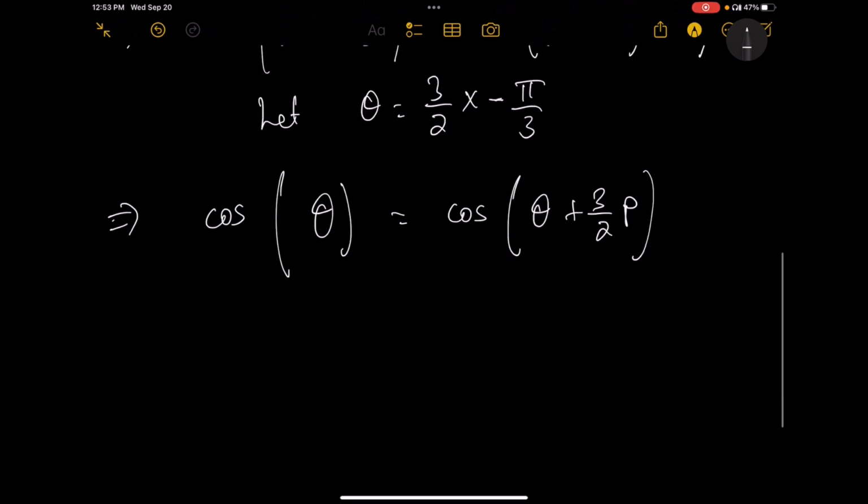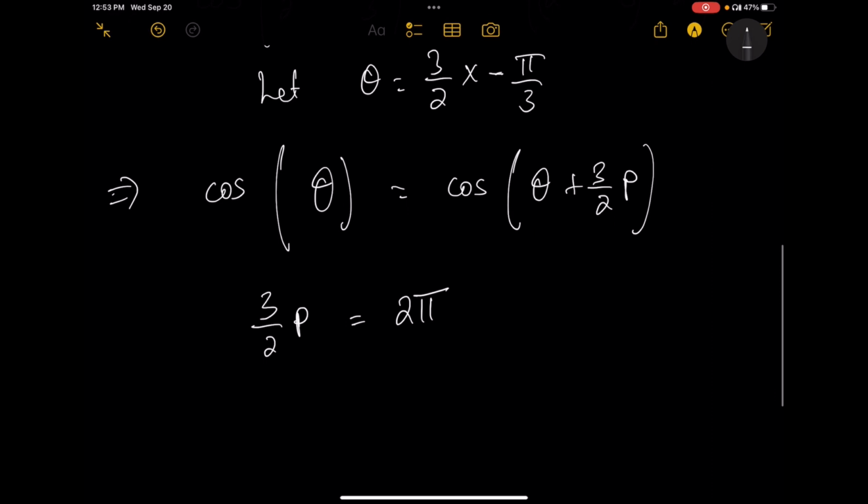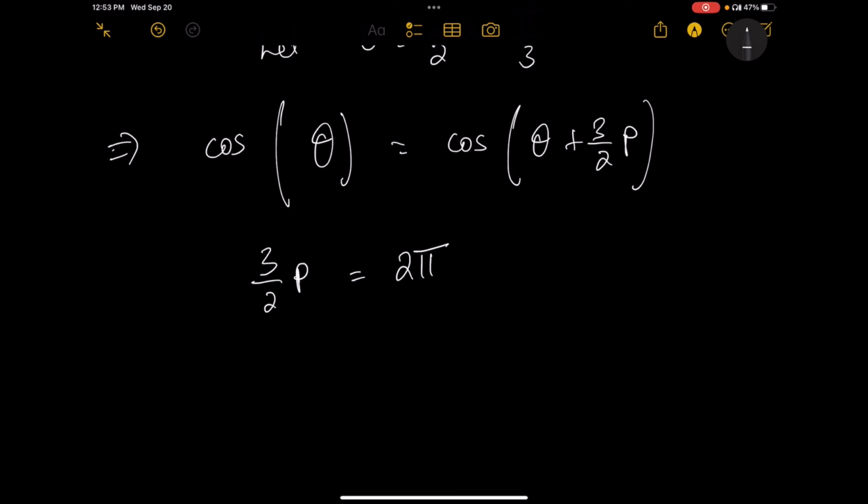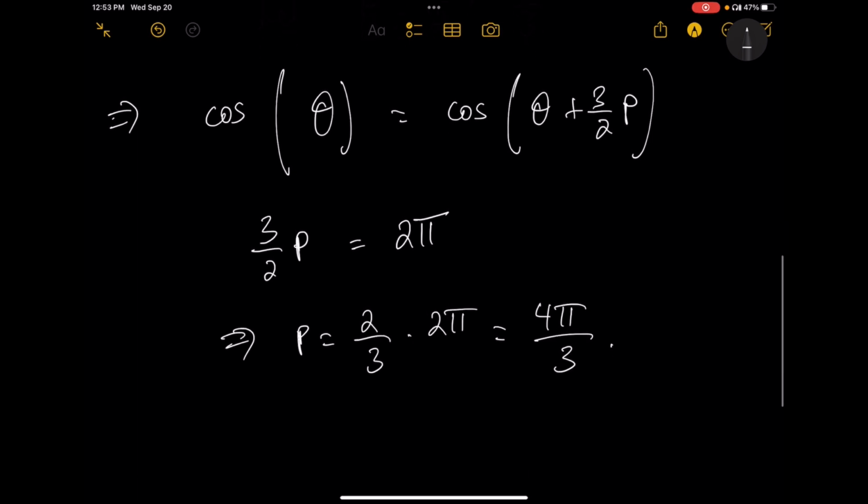Thus 3 over 2p must be equal to 2 pi. Why? The period of the cosine function is 2 pi, which implies that p is equal to 2 over 3 times 2 pi, which will be 4 pi over 3. So the period of f is 4 pi over 3.